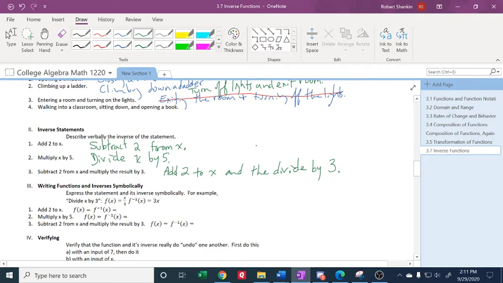Yes. This is Lily. The order isn't reversed. Very good. When there's multiple things, we had to also reverse the order.